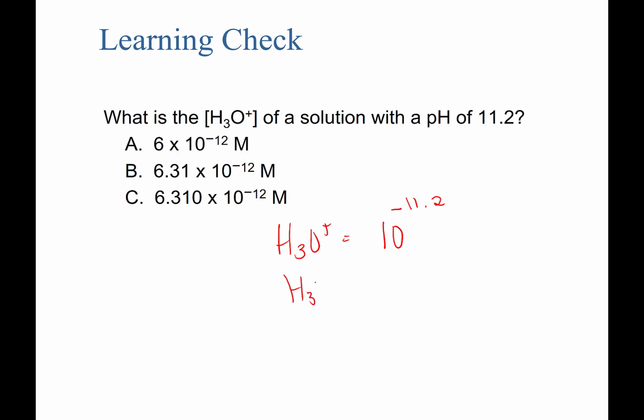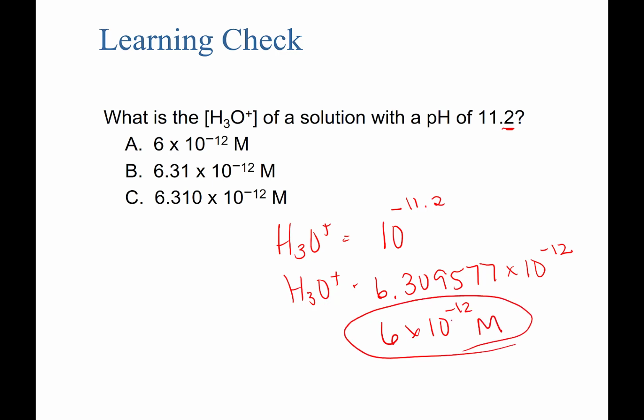And I got 6.309577 times 10 to the negative 12th. And since I have 1 decimal place, I get 1 sig fig. So 6 times 10 to the negative 12th molar. So that means it's going to be answer A.